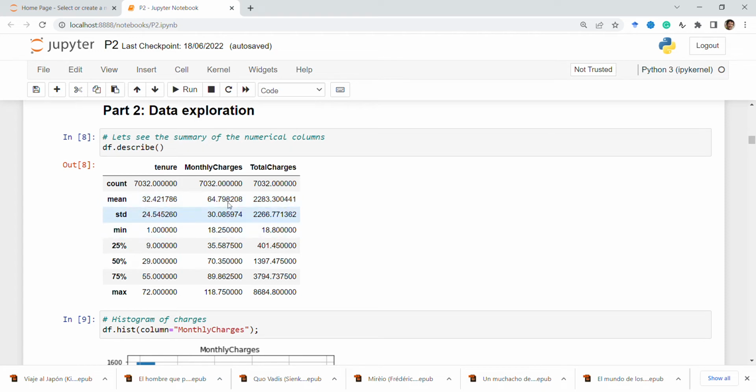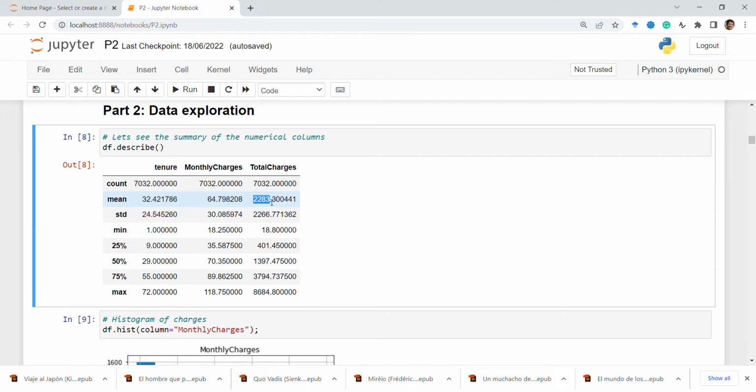And then the monthly charges, the mean is $64, and the total charges, the mean is 2,000. And then the monthly charges, they go from $18 to $120.